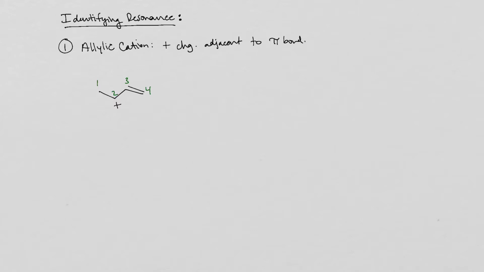And we show that using an arrow from the center of the multiple bond to the center of the carbon-carbon single bond. So remember, resonance arrows, double-headed arrows, draw the same skeletal structure, and we will put the double bond here, which means that now we have a positive charge on this side.